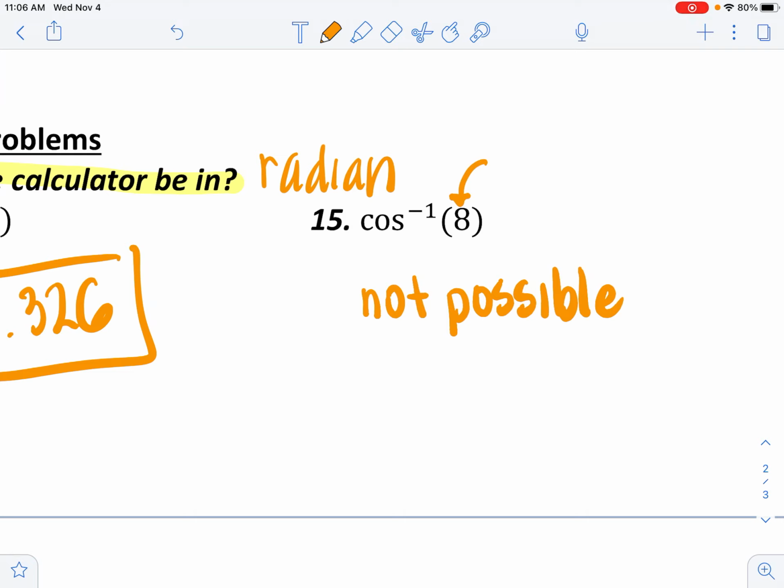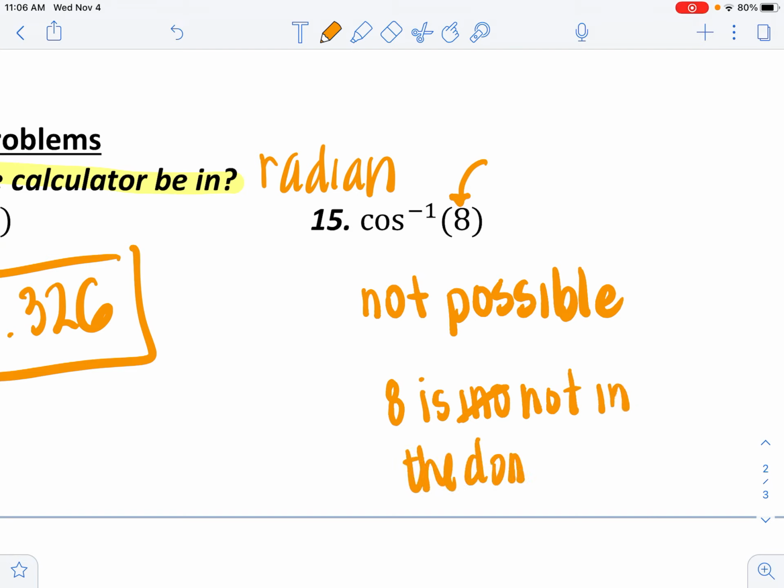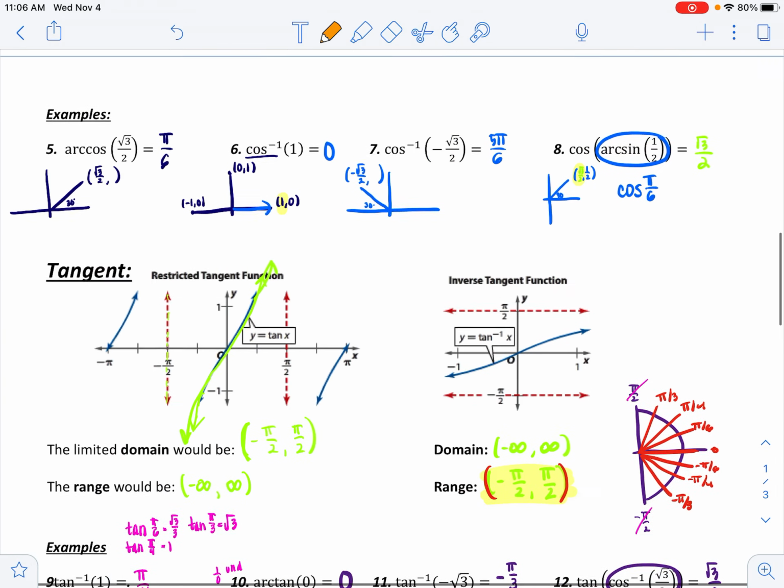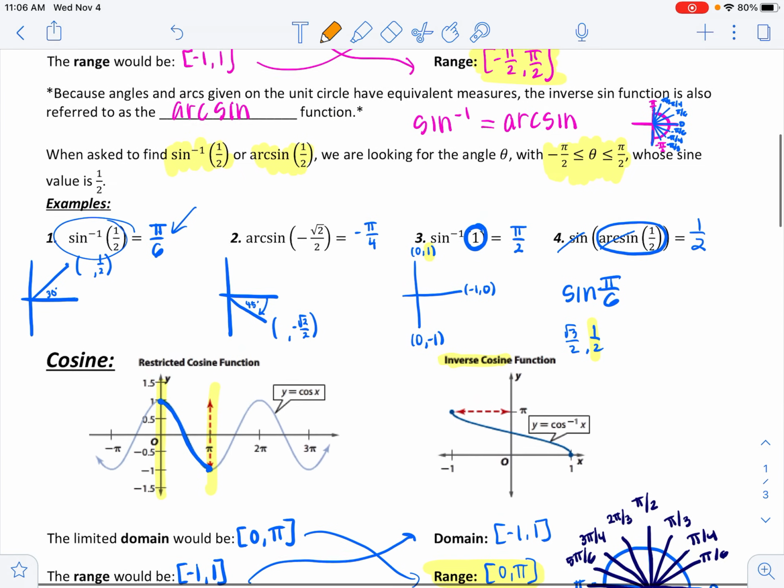It's not possible because of this input right here. The domain of cosine inverse is all values in between -1 and 1, and 8 is not there. The reason is that 8 is not in the domain. The domain is -1 to 1, and it's not in cosine inverse's domain.